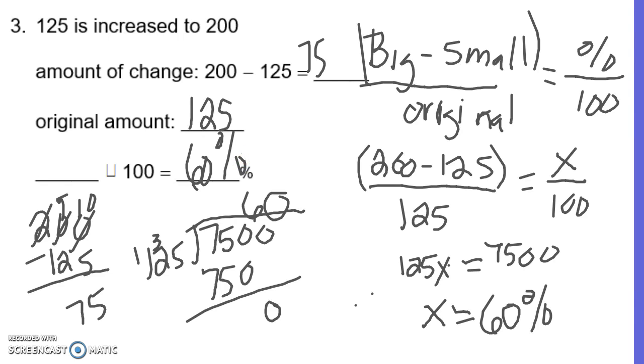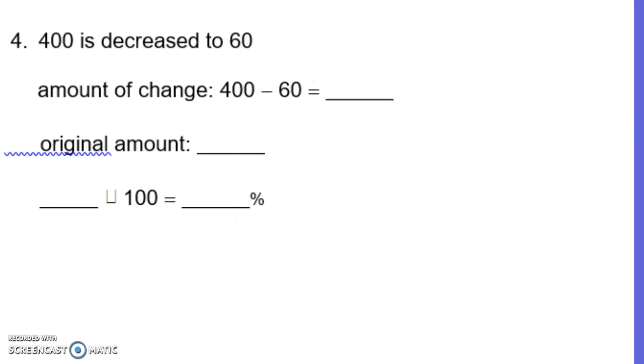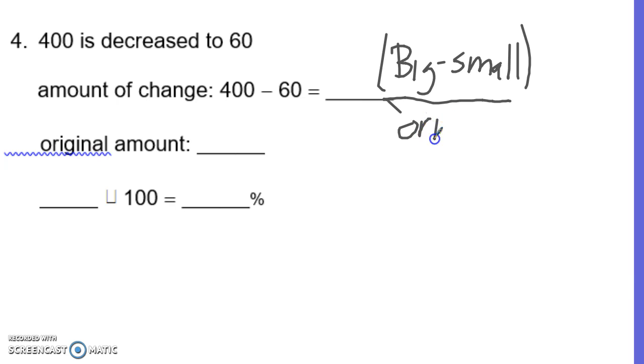All right, let's look at one last one, number 4. So on number 4, we're going to say big minus small over original equals percent over 100.